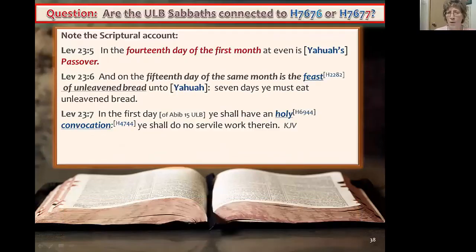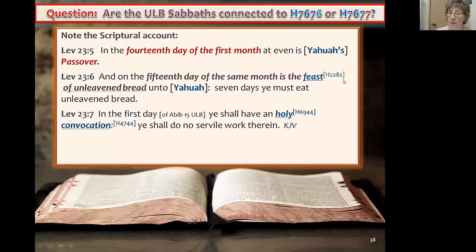So, a question. Are the unleavened bread Sabbaths connected to 7676 or 7677? It says, in the 14th day of the first month at even is Yahuwah's Passover. And then it says in Leviticus 23:6, look what it says. And on the 15th day of the same month is a feast.